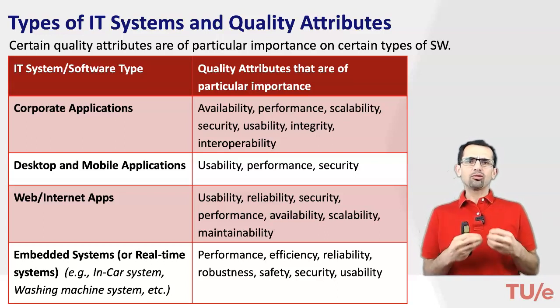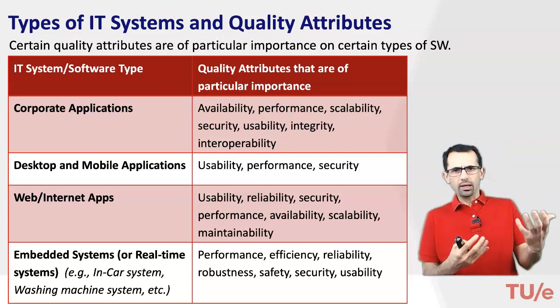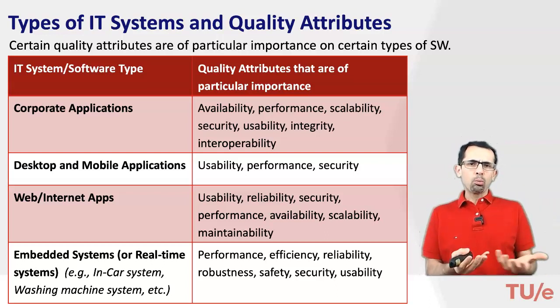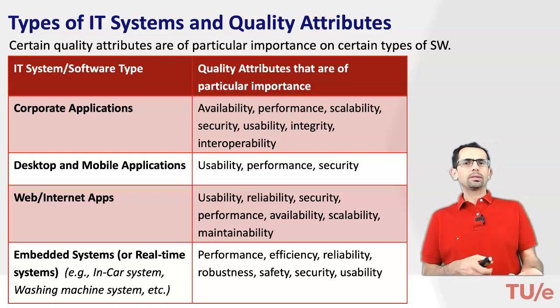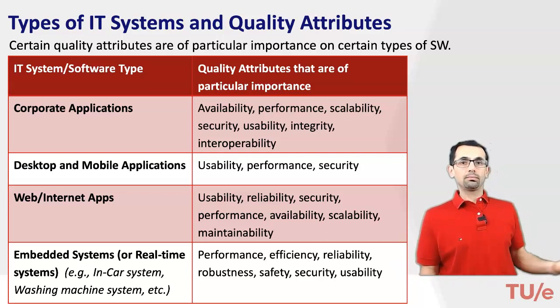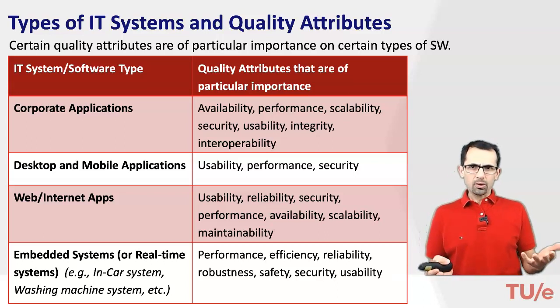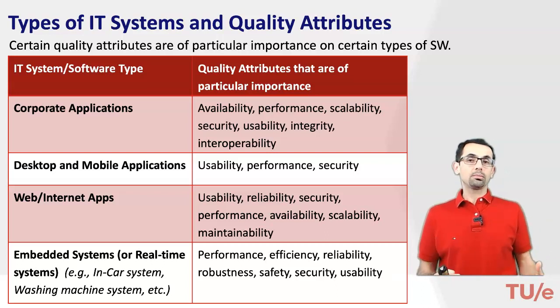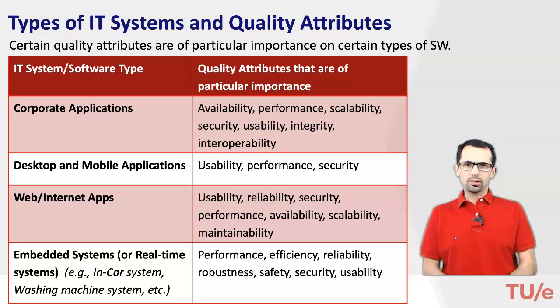But reliability, robustness, safety become extremely important. Safety is more or less irrelevant in many cases when it comes to mobile or corporate applications. But for embedded systems, like a car's brake system, that is extremely important. Safety, reliability, robustness become extremely important for those types of systems.